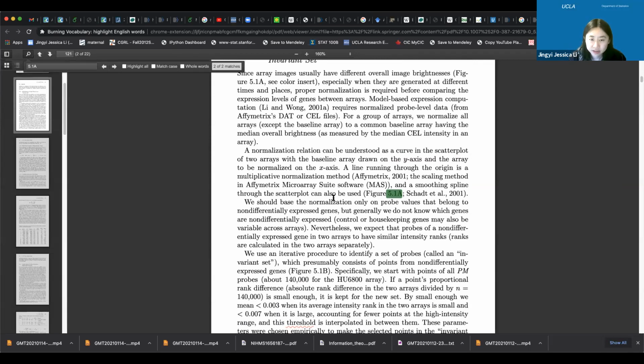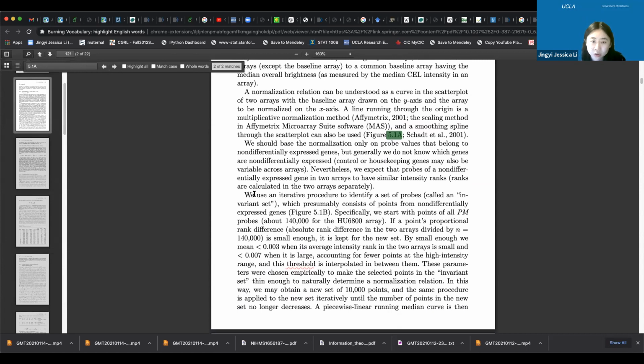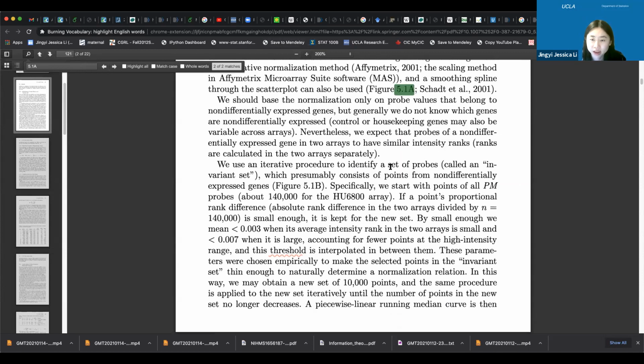Specifically, we can go down to this paragraph. It says, we use an iterative procedure to identify a set of probes. You can think of the probes as our genes here, because in microarray data, we use a probe to capture a gene, which presumably consists of points from non-differentially expressed genes.